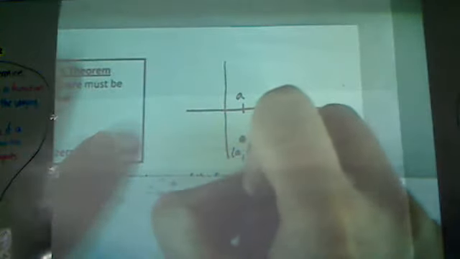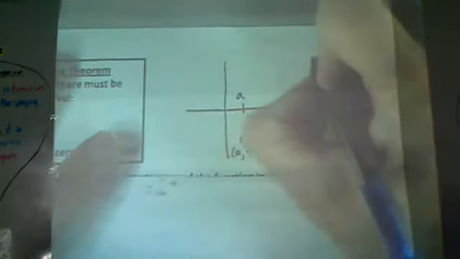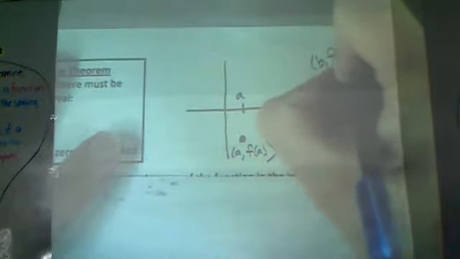Let's draw a picture out to the side. Let's say we have some point right here, and it's going to be the point a, comma, f of a. We don't know exactly what it is, but it's negative. And then we have some point up here. We're going to call that b, comma, f of b.